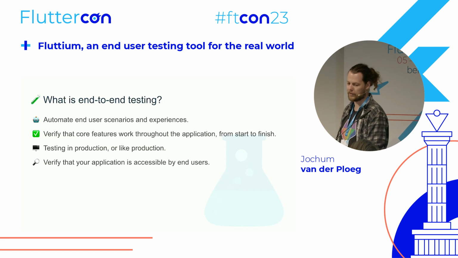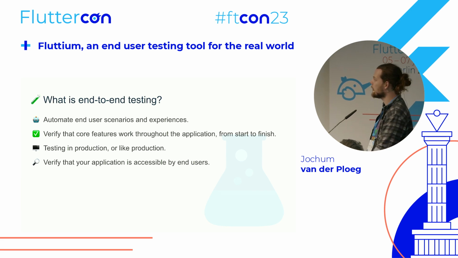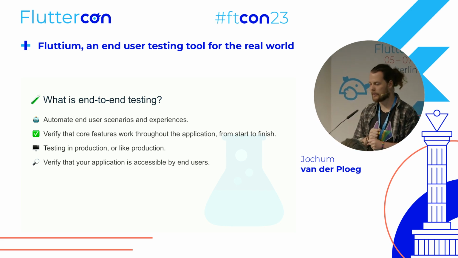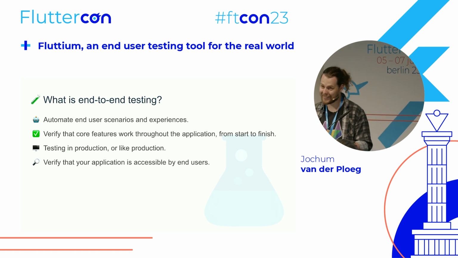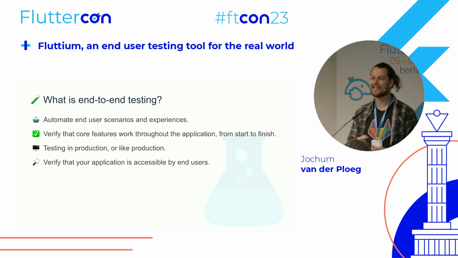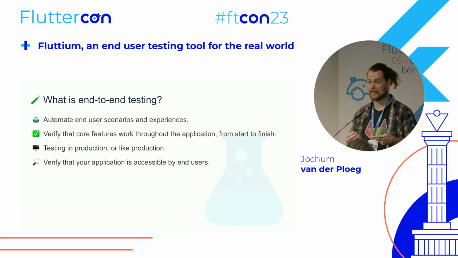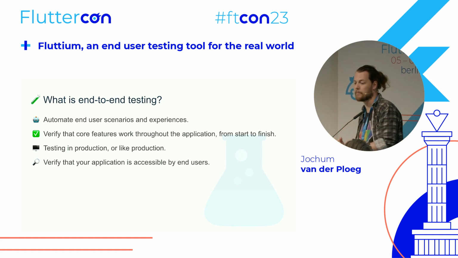You guys came here for end-to-end testing and Fluttium. So what is end-to-end testing? Well, I'm no expert on it. So according to Google, in a nutshell, it is testing user scenarios as if you are in production, or in some cases even as if you're really testing in production.